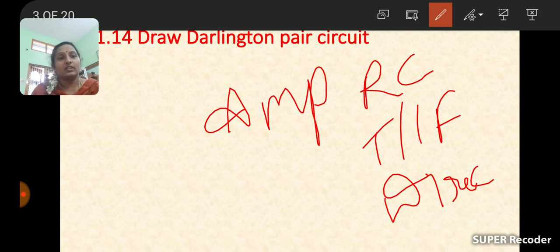If we connect the output of one stage to the next stage with the help of resistor and capacitor, the circuit is called an RC coupled amplifier. If we use transformers to connect the output of one stage to the next stage input, the circuit is called a transformer coupled amplifier. If no element is there between the input and output, the circuit is called a direct coupled amplifier. These three kinds of amplifiers are there based on coupling.